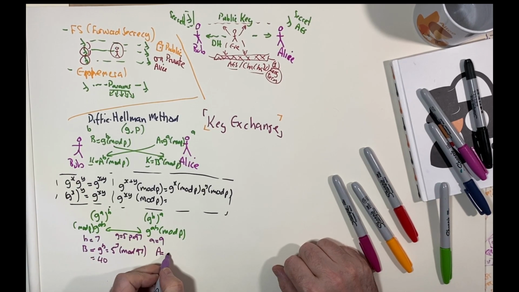Alice computes 5 to the power of 9 mod 97, and I think that should equal 30.